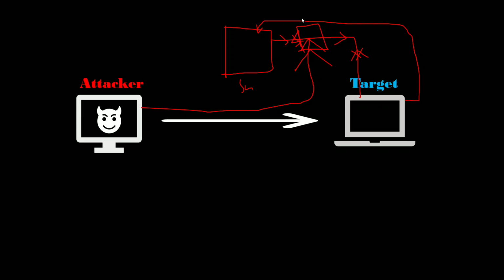Your machine thinks there is no one in between them, because the attacker has taken the server's IP address and MAC address. Your machine thinks that it is sending information to the right server.